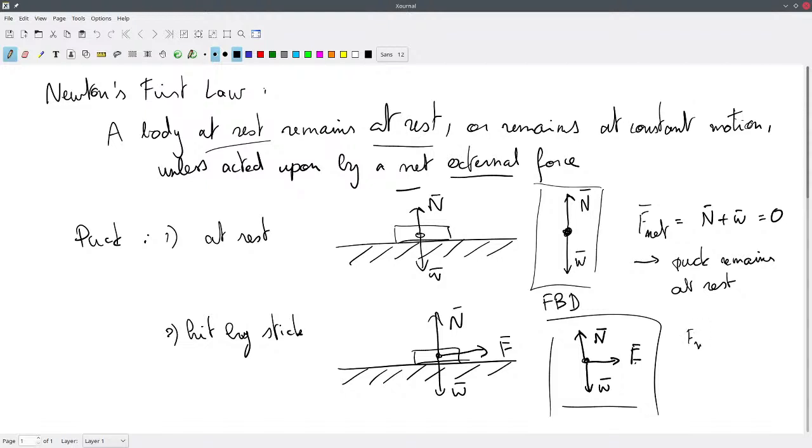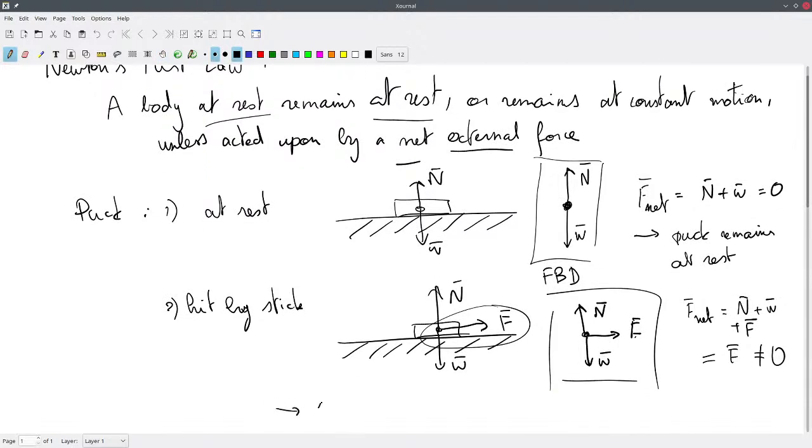So the net force now, F net, is N plus W plus our new force F. This net force is now non-zero. It's non-zero due to the presence of this additional force from the stick. And because it's non-zero, that allows our puck to not remain at rest or in constant motion, because it is actually acted upon by a net external force.